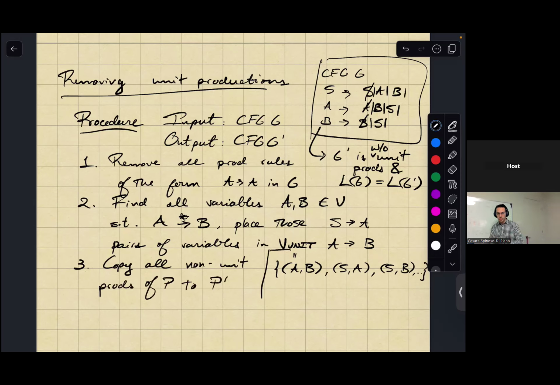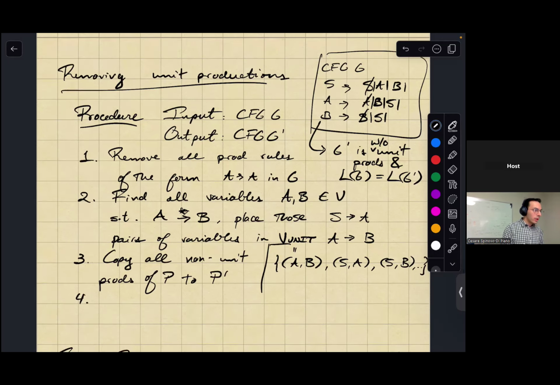So the set of production rules of the simplified grammar without unit production rules is G prime, okay?